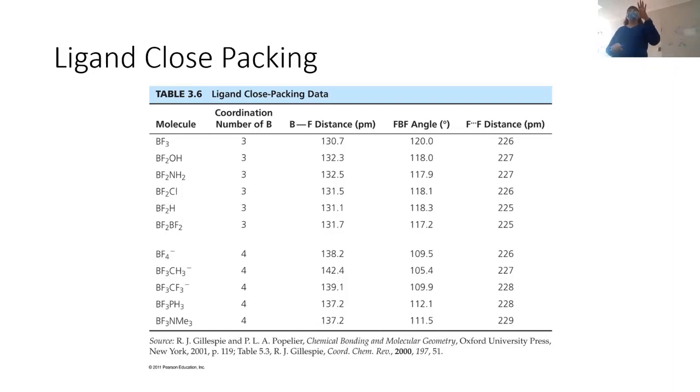We have lots of different examples with a third ligand that is something else, showing us the consistency here. The bond angle changes a little bit, but the fluorine distance is pretty consistent. It's about 226, 227 most of the way through there.